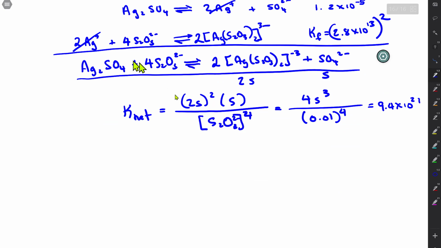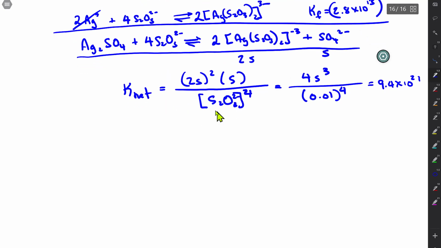So I got a little distracted, but anyways, back on task here. I need to solve this part of the equation over here. So I'll go ahead and calculate this. S cubed will be equal to 9.4 times 10 to the 21st times 0.01 to the 4th power divided by 4.